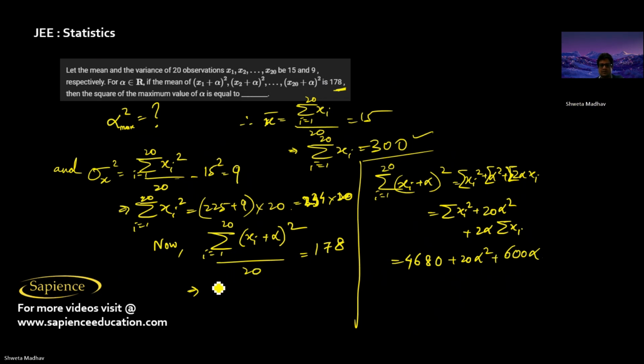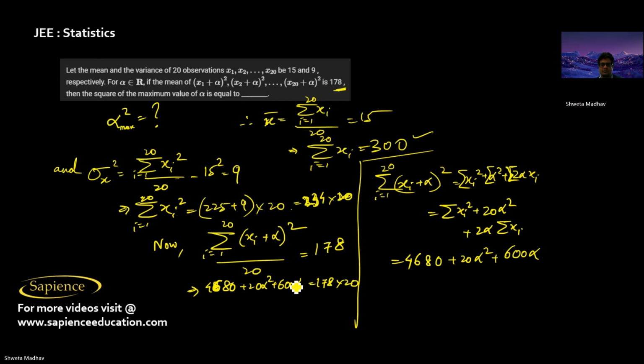So this will be 4680 plus 20 alpha square plus 600 alpha, all divided by 20, that is 178. So this will be equal to 178 into 20.